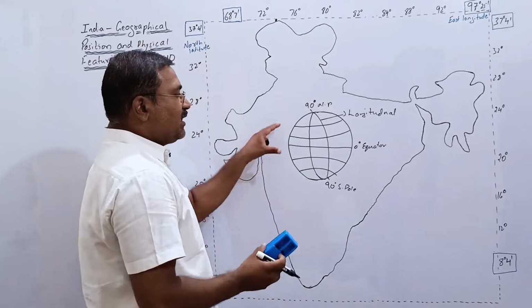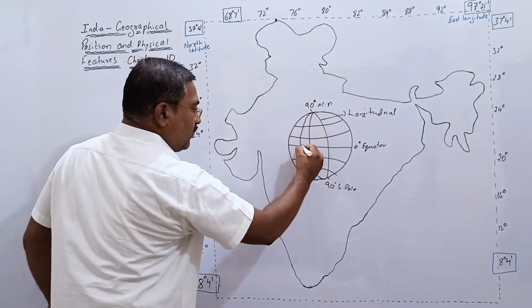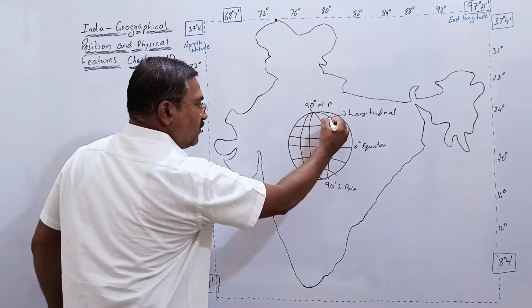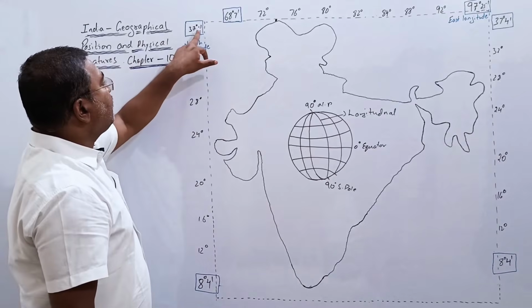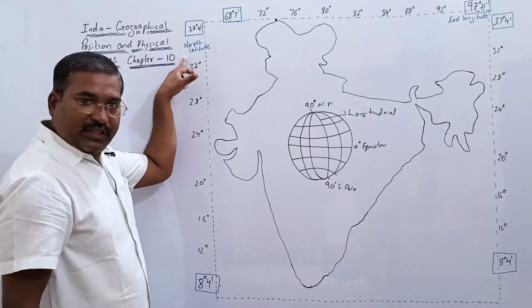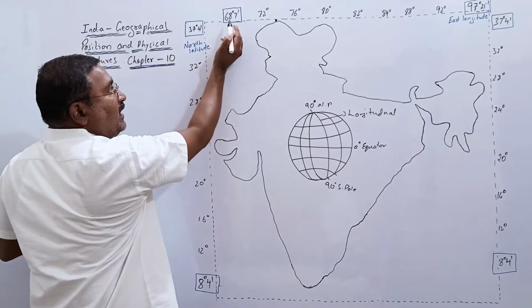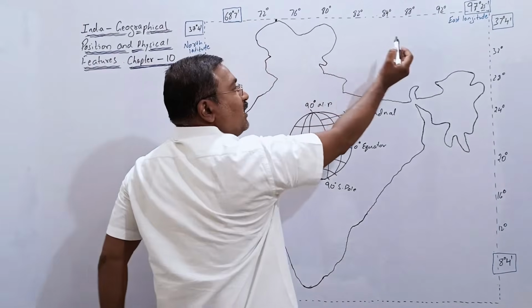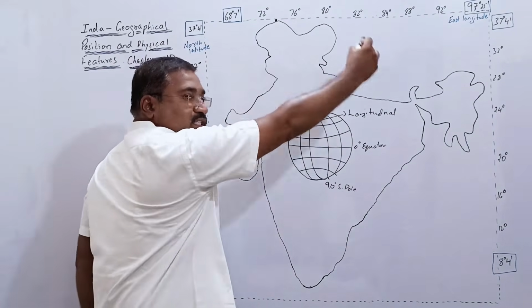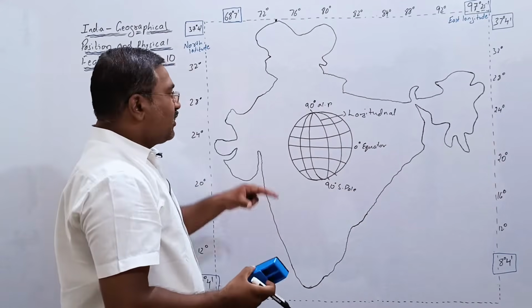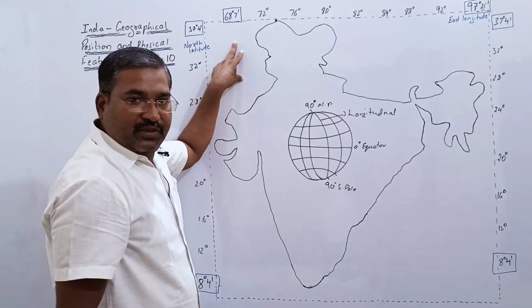So by this we can easily understand India: in the latitudinal line, from 8 degree 4 minutes to 37 degree 4 minutes north latitude, and in the longitudinal, 68 degree 7 minutes to 97 degree 25 minutes east longitude. In this way we can easily locate our country India, Bharat or Hindustan.